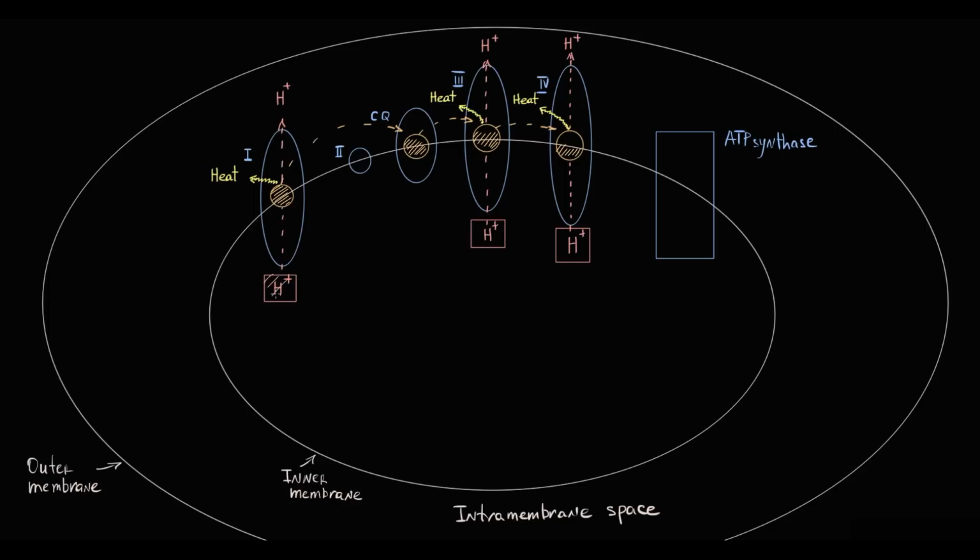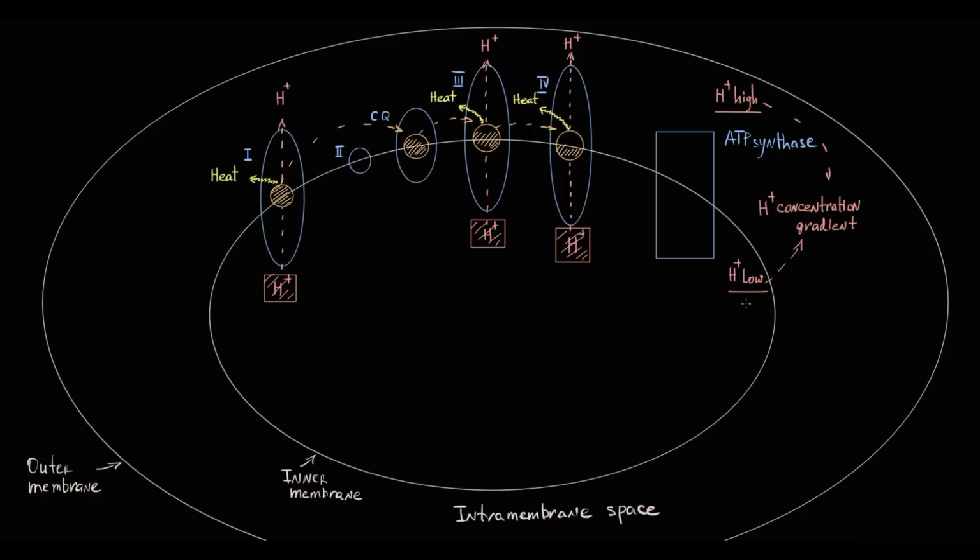The major idea of this hydrogen transportation is to lower proton concentration in the mitochondrial matrix and to increase hydrogen proton concentration in the intramembrane space. This process results in creation of a hydrogen proton concentration gradient through the inner mitochondrial membrane, with high hydrogen concentration in the intramembrane space and lower concentration in the mitochondrial matrix.